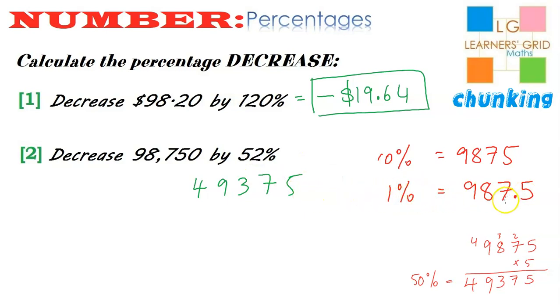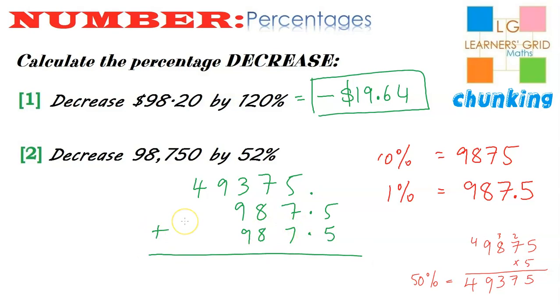So that's 2 lots of this. I'll put my decimal point in here, and then I can go 1975. Okay, just add all these up and I'll get my 52%. So 5 and 5 is 10. Put my decimal point in. 7 and 7 is 14.